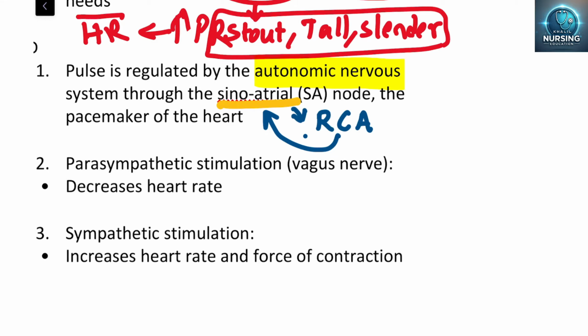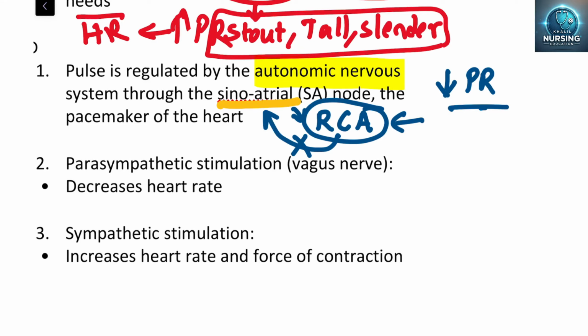If there is a lack of blood supply to the sinoatrial node, it will not function properly, thereby there is a decrease in the frequency, which means a decrease in the pulse rate. So that's one point I needed to add, that's why I added it here. This is the pacemaker of the heart, where it gives 60 to 100 beats per minute.